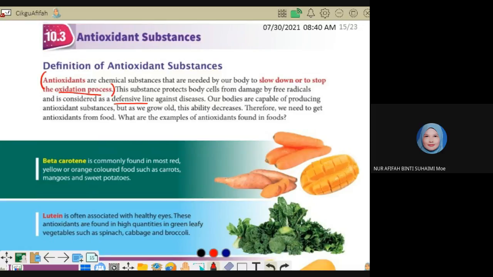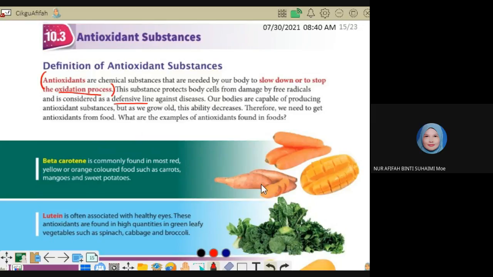Okay, you masa muda ni you punya production of antioxidant banyak, still a lot lah. But as you grow older and older, the capability of our body to produce antioxidant will be decreased. So we need antioxidant from food ataupun supplement lah. Okay.